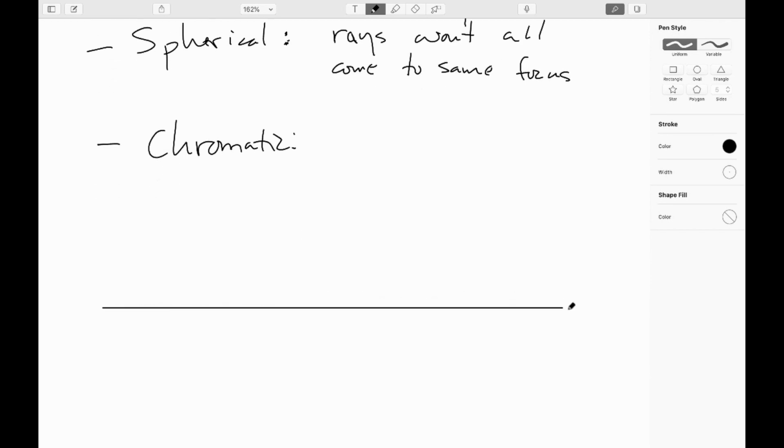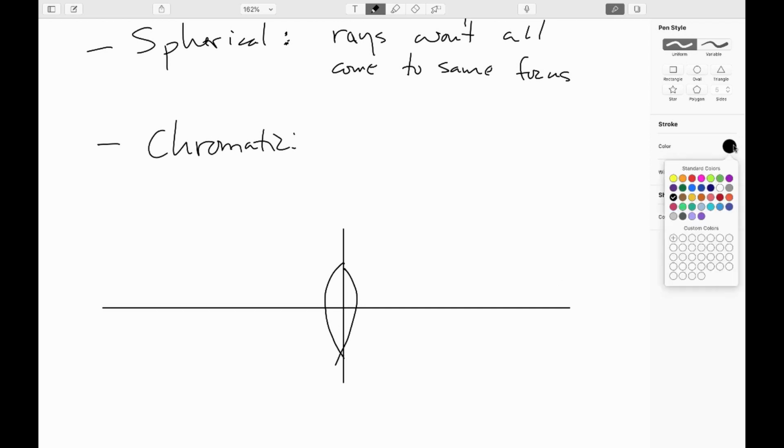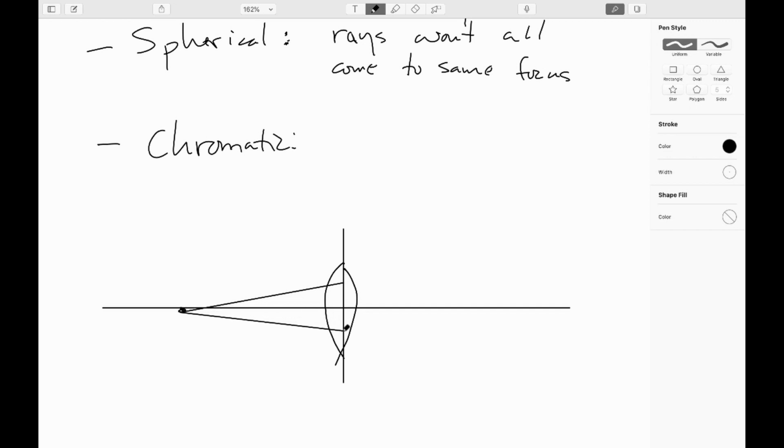So if I have a converging lens here, and let's say I've got a light source here, with rays coming to the principal plane like so, since we know that blue bends better, the blue light is going to come to a focus sooner than red light.